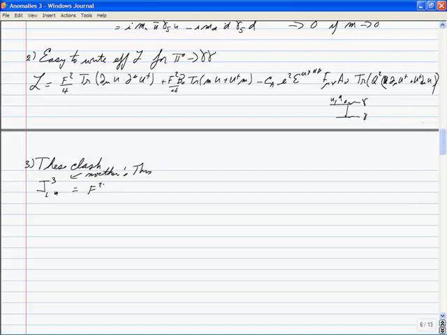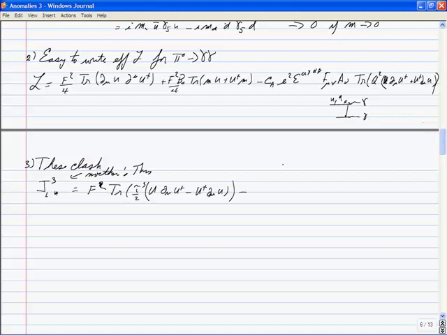So it's f squared, trace of τ3 over 2, U ∂_μ U dagger minus U dagger ∂_μ U. That's the left-handed piece that you found.